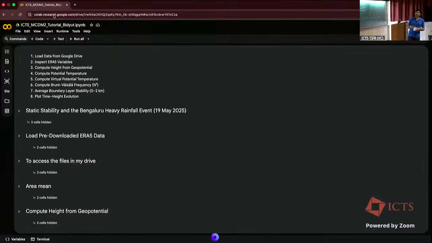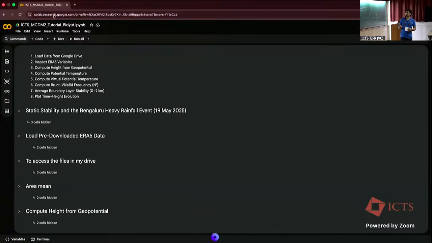We're going to load the data from Google Drive. I have kept the data on my Google Drive, so that might be an issue for you, but I think I have figured out a way to do it. Or you will have to download ERA5 yourself, which I don't think we will do. And import ERA5 variables. A few variables I'll download and compute.